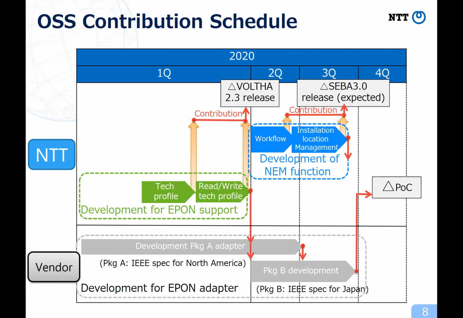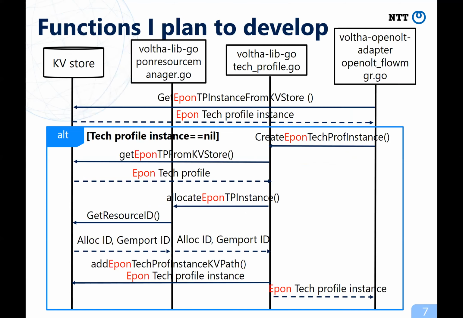Any additional questions on the NTT side for the discussion and comments? Yes, this is Girish. I had one question for Takahiro. I saw that you're introducing new APIs like create EPON tech profile instance. As much as possible, do not introduce technology specific things into the API.